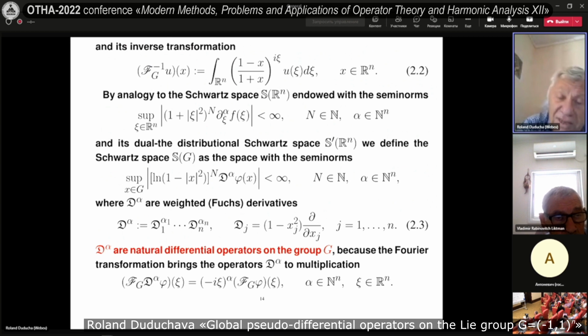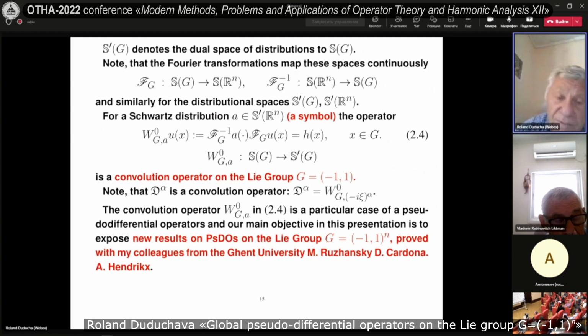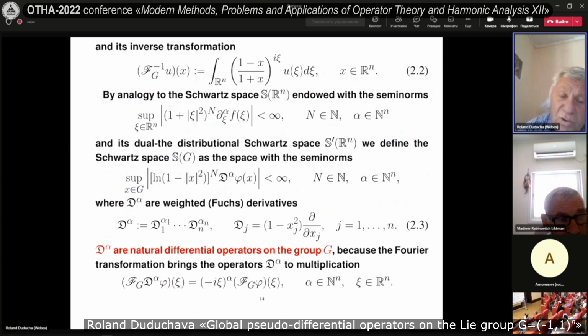The logarithm of 1 minus x squared in power n, and the derivatives taken here are not simple derivatives, but so-called Fuchs derivatives, weighted derivatives. They are written here. If you take a derivative, you have to multiply by 1 minus x squared.